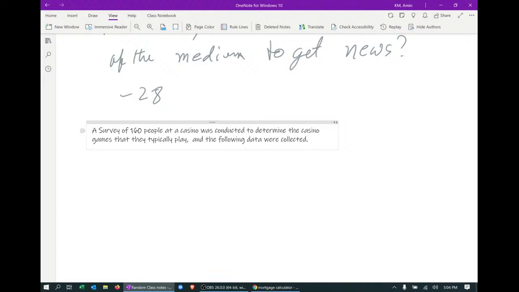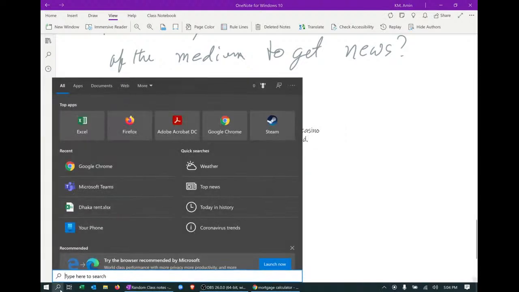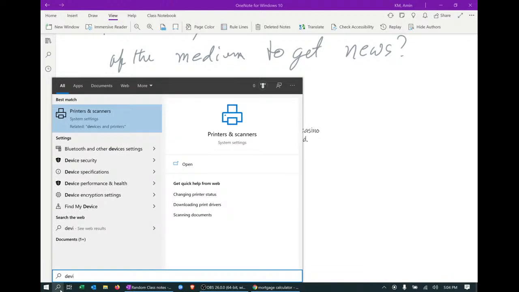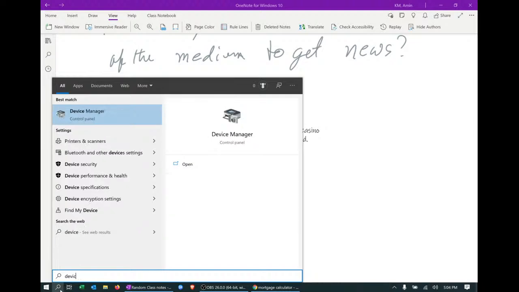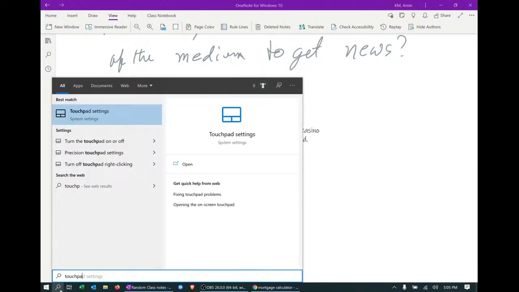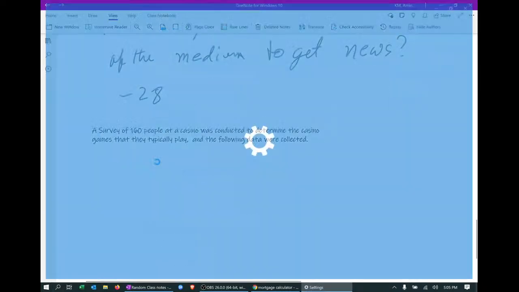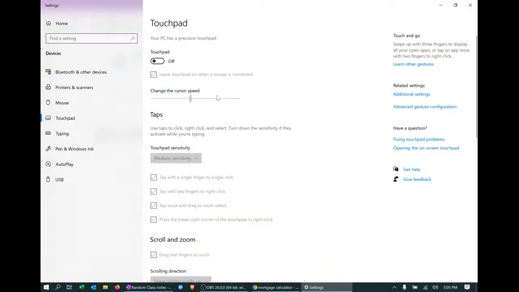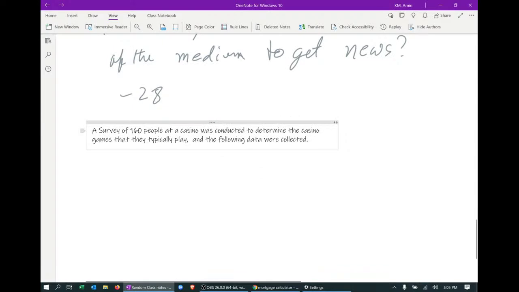Select the touchpad. Okay, touchpad off, there you go. All right, we'll come back to that. We're back again.